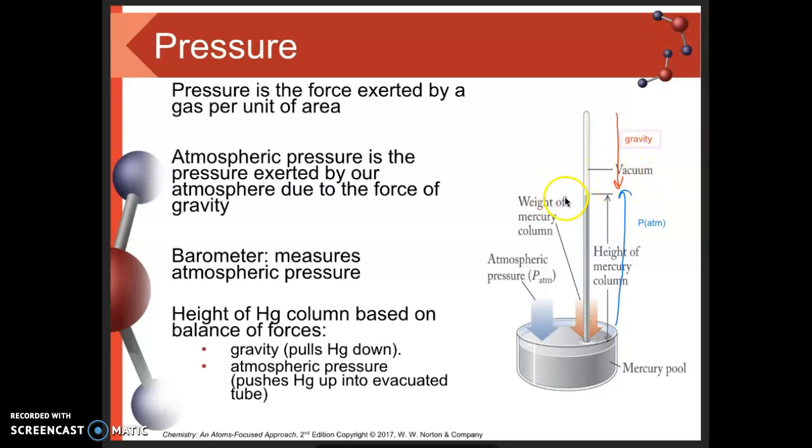And so these two will reach an equilibrium state, and that equilibrium state will result in the height of the column being stopped, essentially, and we can measure how high up the mercury actually went. And that becomes the basis for the measurement millimeters of mercury, or if we're using customary units, inches of mercury, or if we're paying homage to the guy who invented this, Evangelista Torricelli, then we're talking about torr, which is the same thing as millimeters of mercury.